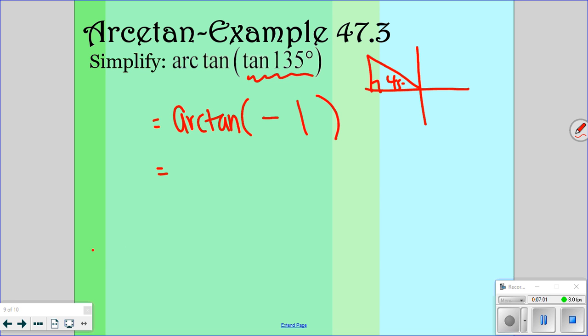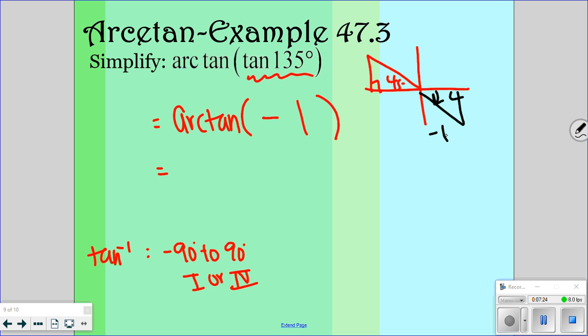Remember that for arctan or tangent inverse, you're going from -90 to 90. We're in either the first or the fourth quadrant. So if we're -1, that means we're going to be in the fourth quadrant here. So what angle would give us a -1 for tangent?